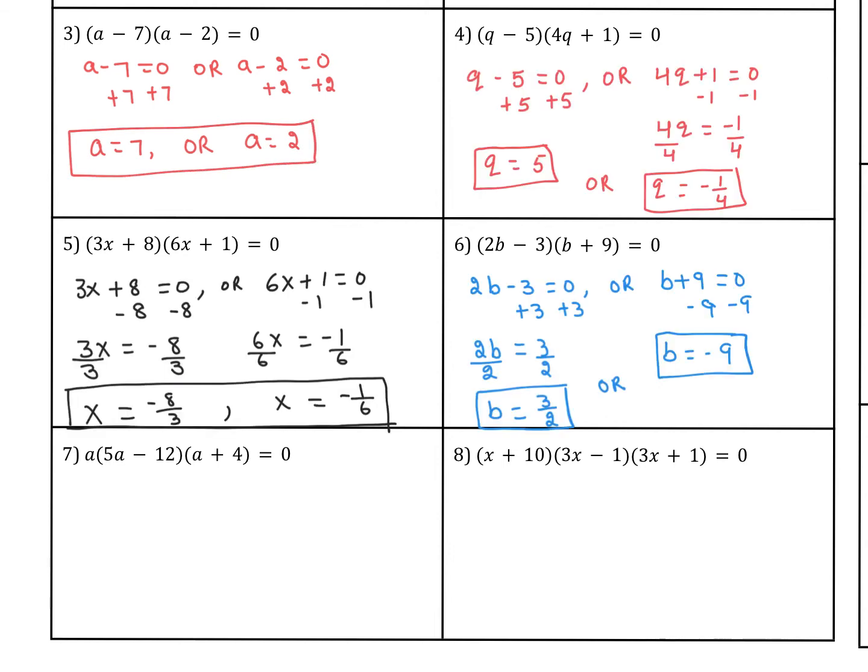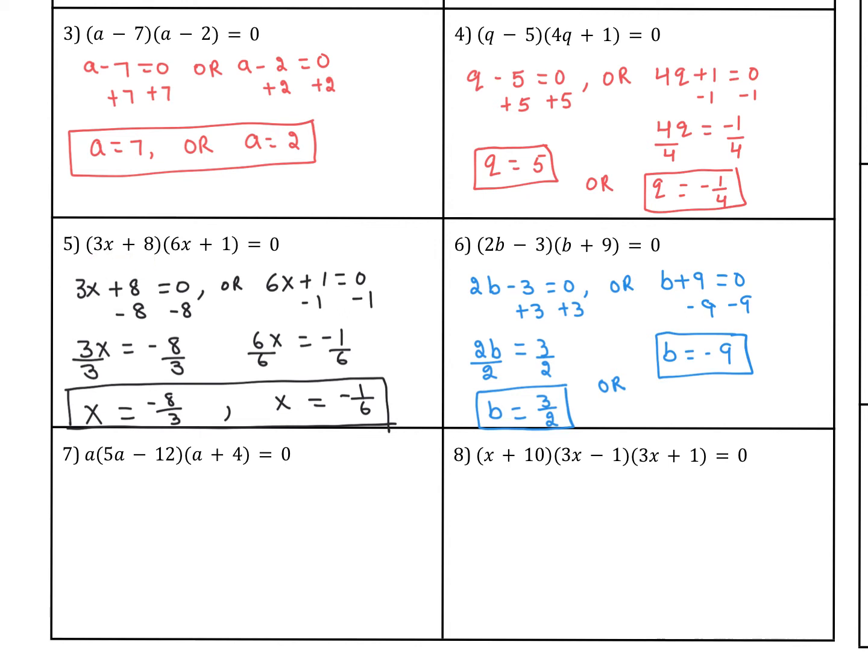For number 4, similarly, you're going to put these two factors equal to 0 one by one, and you're going to solve for q. Plus 5 on both sides, you got q equals 5. In this one, you subtract 1 on both sides and you divide by 4, you got q equals negative 1 over 4. So either q equals 5 or q equals negative 1 over 4.